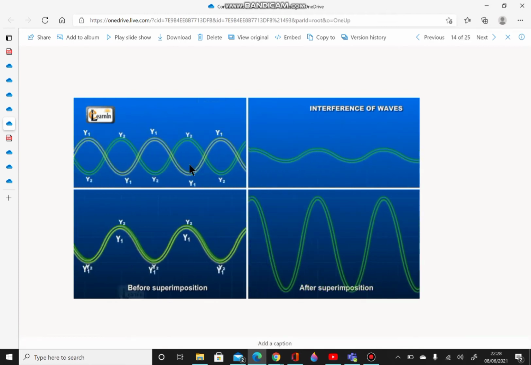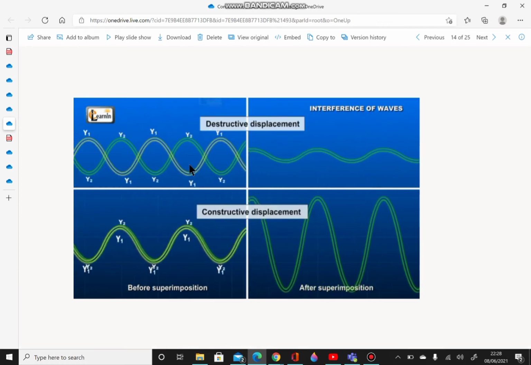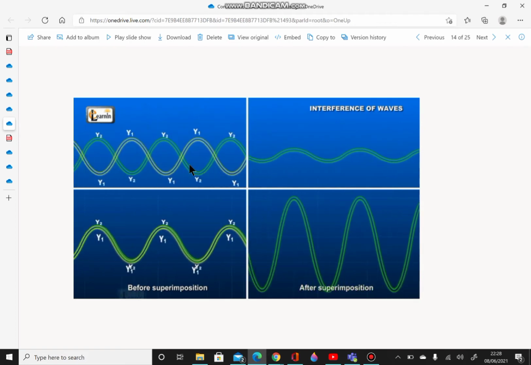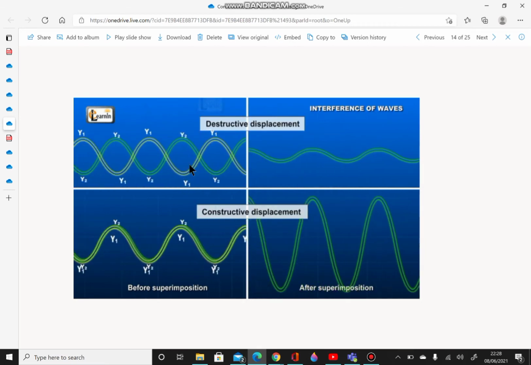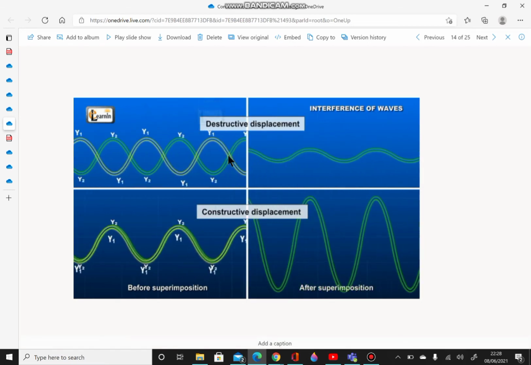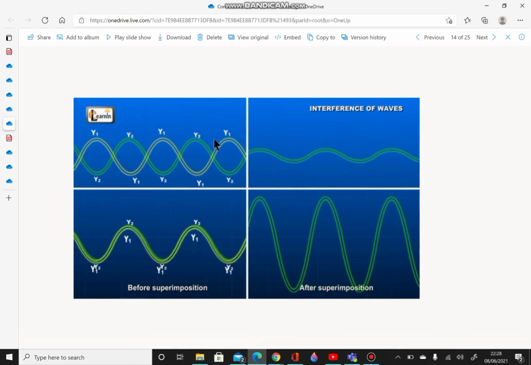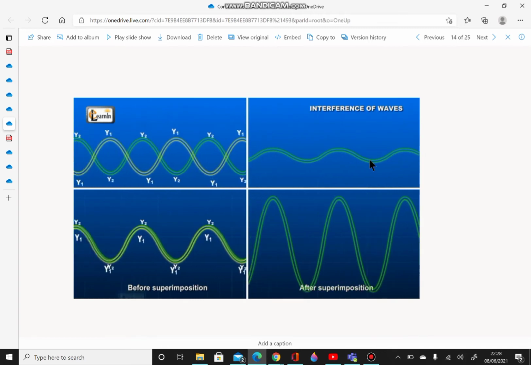That is, the phase difference in destructive interference is (2n minus 1) into pi, and its path difference will always be in the form of (2n minus 1) into lambda by 2. And also, destructive interference is the case in which the resulting waveform will have least displacement, that is, least magnitude, compared to the two waveforms from which it is obtained.